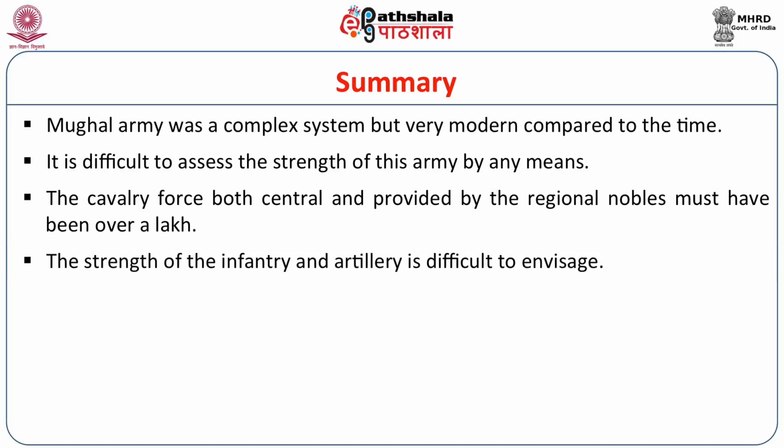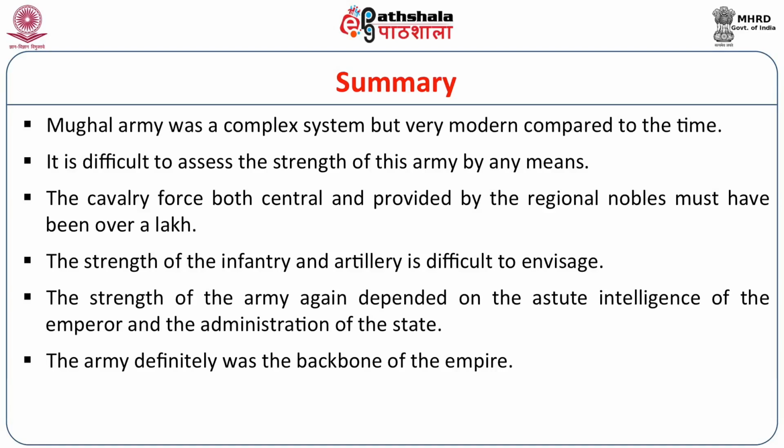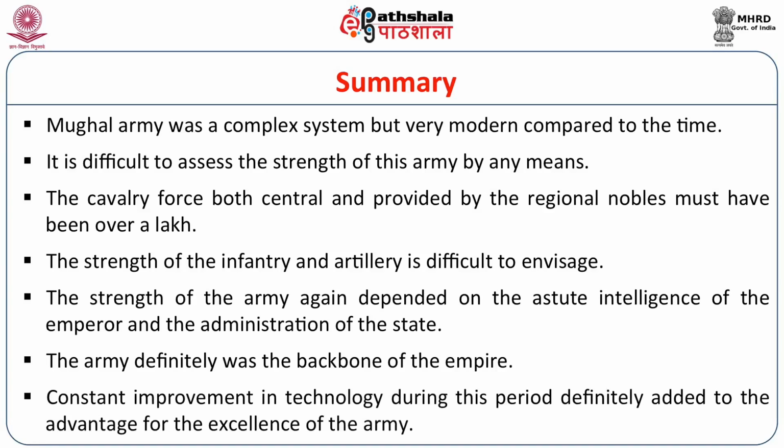The strength of the infantry and artillery is difficult to envisage. The strength of the army again depended on the astute intelligence of the emperor and the administration of the state. The army definitely was the backbone of the empire. Constant improvement in technology during this period definitely added to the advantage of the defense of the army.